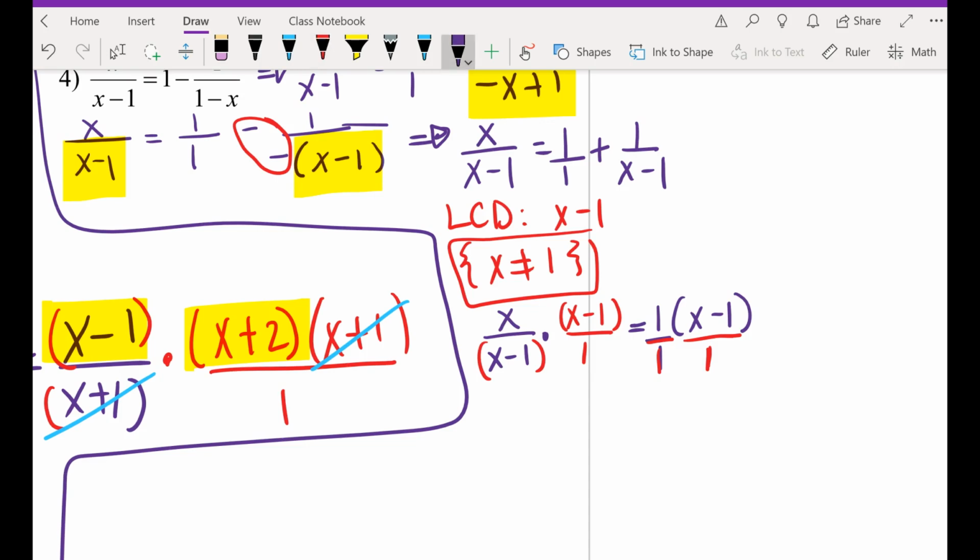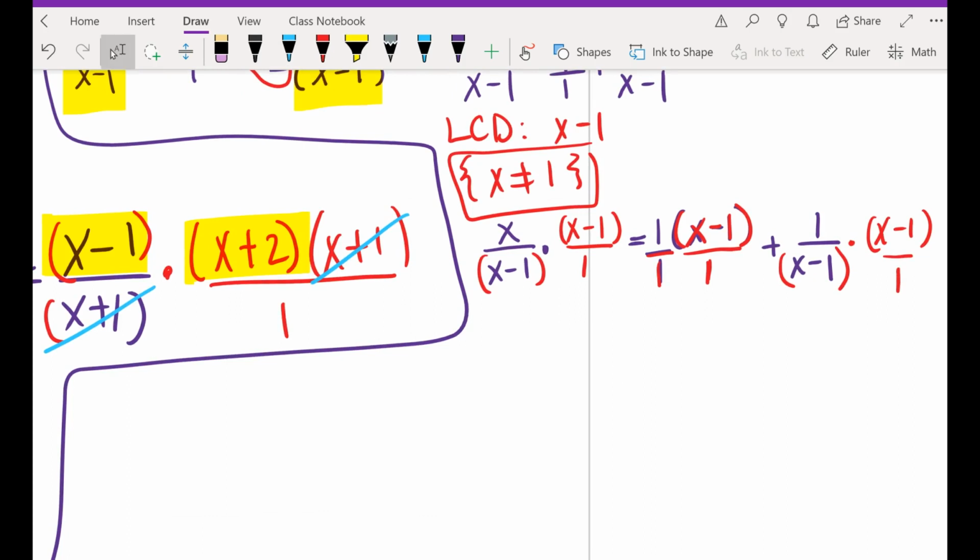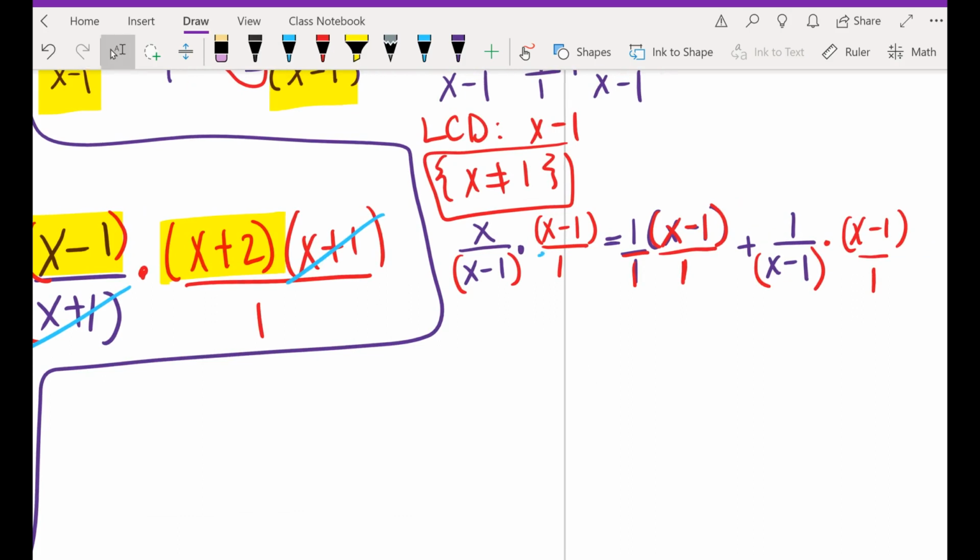Then plus 1 over x minus 1, which was my original, times the LCD, x minus 1 over 1. Then I'm going to put parentheses around this so I know when I cancel, I'm going to cancel the whole thing. So we're going to cancel that, cancel that. The first term, I'm left with just an x.